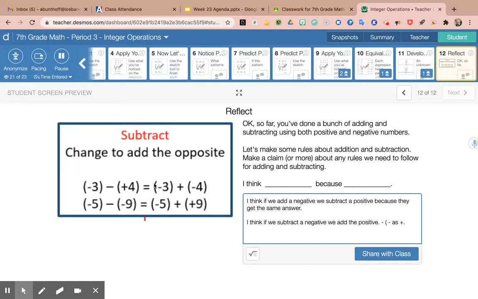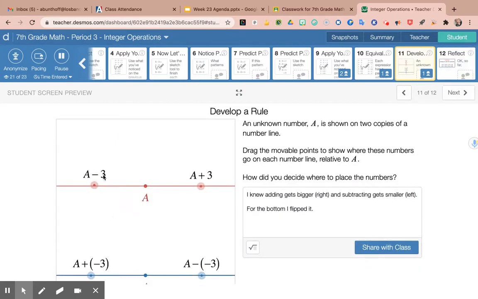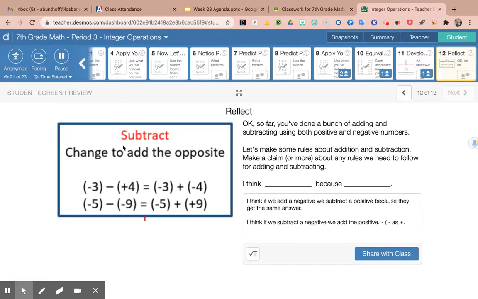I know it's a weird concept. We'll definitely practice more. But subtracting is equivalent to adding the opposite. So subtracting 3 is equivalent to adding the opposite of positive 3, which was negative 3. Subtracting negative 3 is the same as adding the opposite, so plus a positive. So subtracting is the same expression as adding the opposite. So we can change subtraction to adding the opposite.